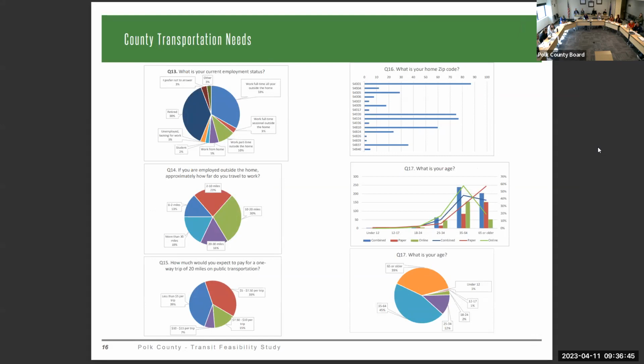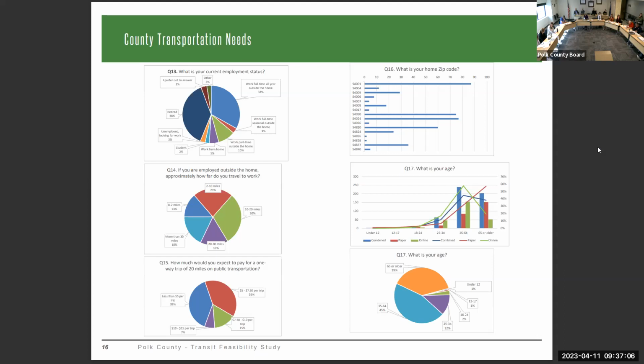So the blue bars are the combined online and paper copies. But the age is skewed towards the older populations for the paper copies. So we just wanted to call that out because of the way the paper copies were distributed probably.